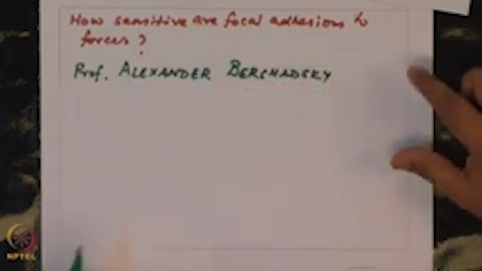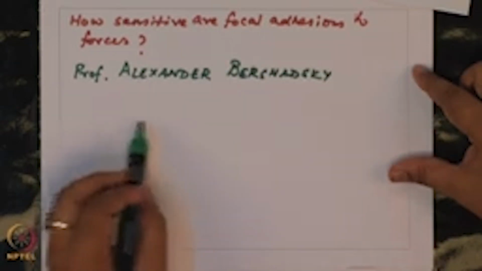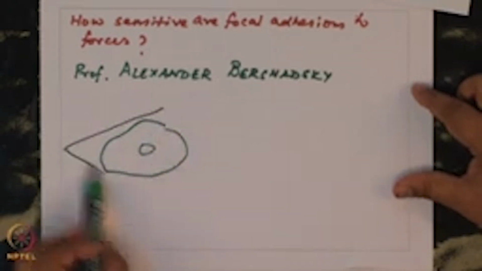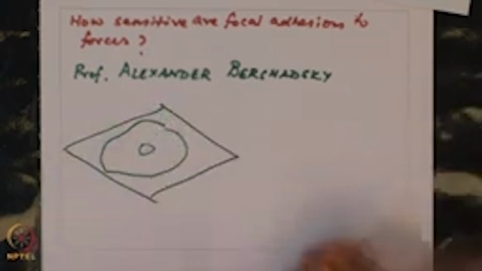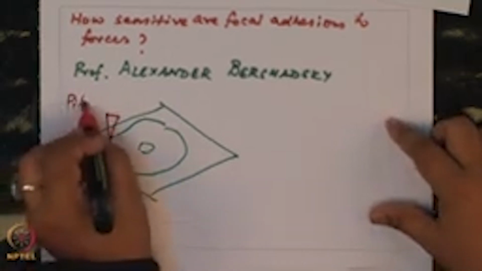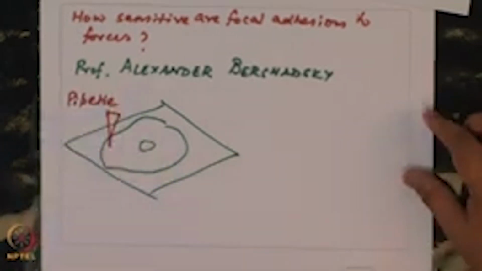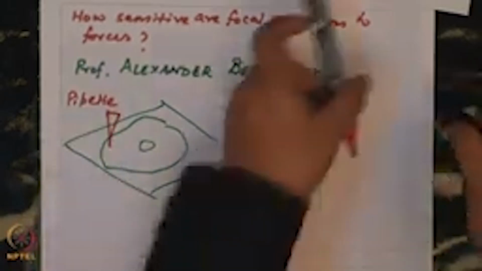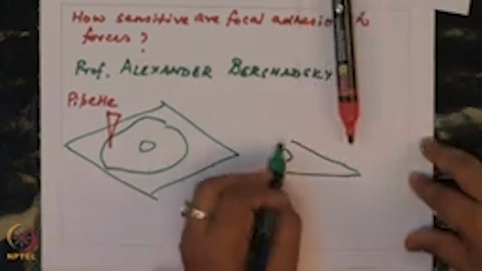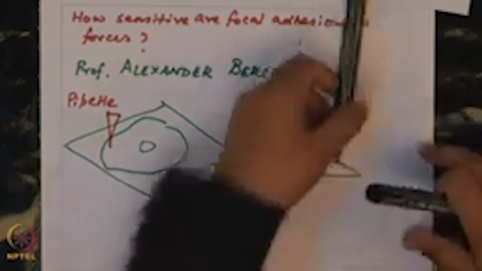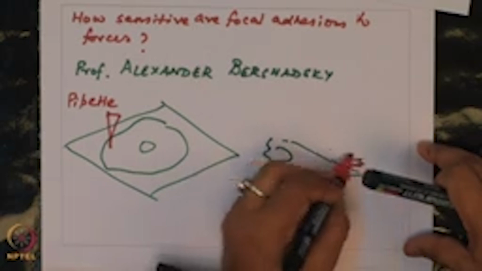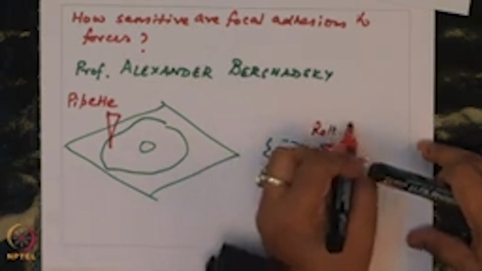Okay. He did this experiment in which what he did was, you take a cell on a substrate, you come down with a pipette. So, this is a pipette, and so in side view you would have something like this. So, side view you have this cell with the nucleus, you came down with the pipette, you roll the pipette.